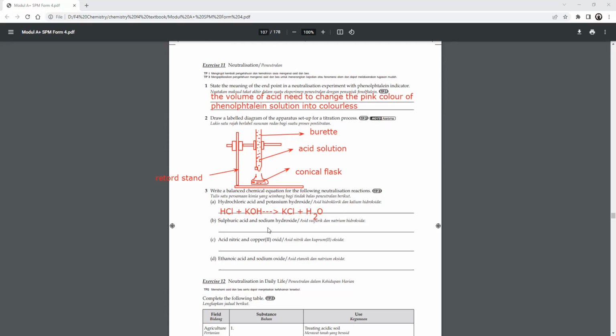Right. Sulfuric acid and sodium hydroxide. Sulfuric acid is H2SO4. Sodium hydroxide, sodium is Na, hydroxide is OH. Help me balance the equation.